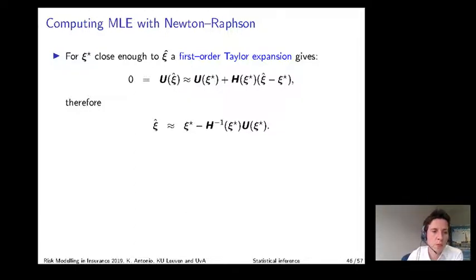Now, to solve this numerically, you can write down a first order Taylor expansion of u around xi hat. And then with xi star close enough to xi hat, you will find the following expression. So this is a first order Taylor expansion. Now you can use this relation to find the xi hat for which the vector of first order derivatives will approximately be equal to 0. So you're going to solve and isolate xi hat from the above expression.